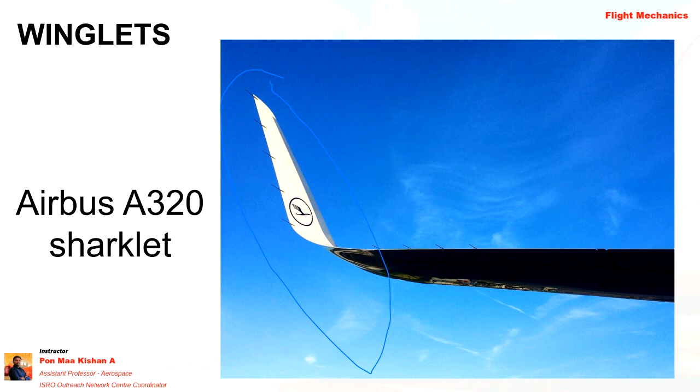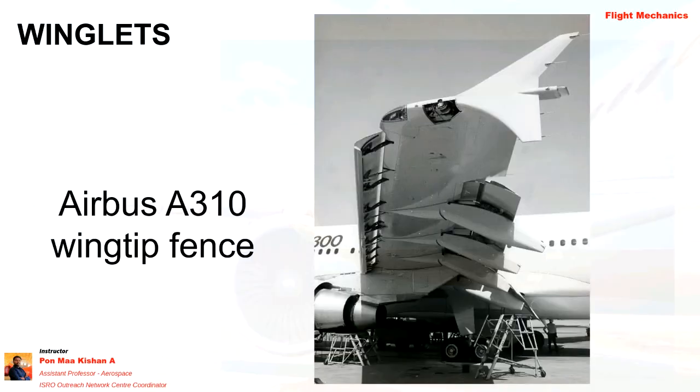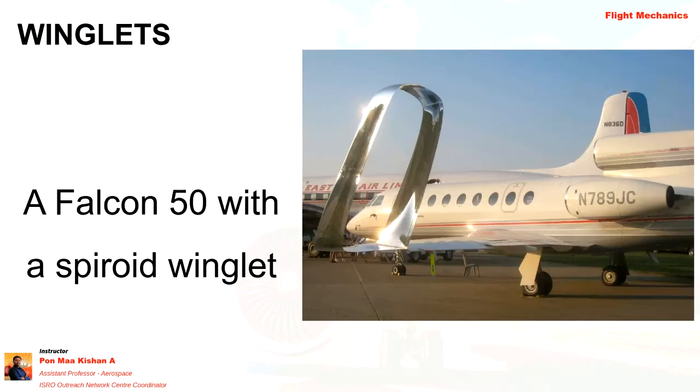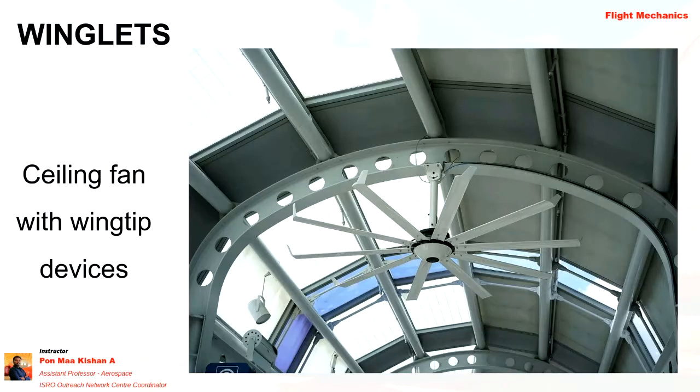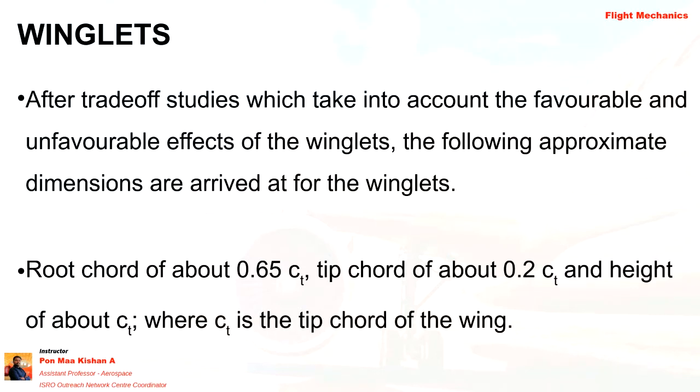So we need to calculate at what ratio, if we have some ratio, the performance will be good. That's what they have mentioned in the slide. If you have a root chord for the winglet, the root chord of the winglet has to be a value of 0.65 times the tip chord of the wing.